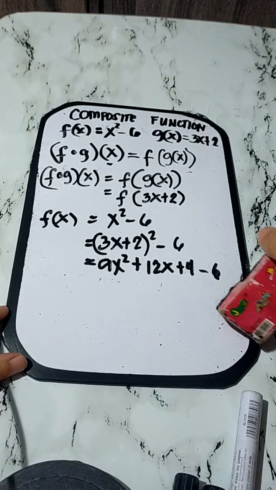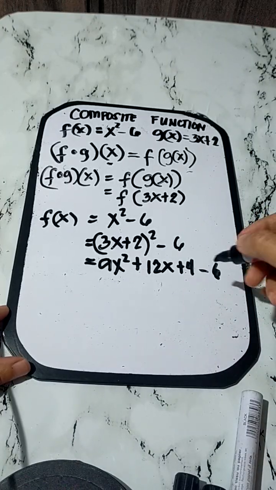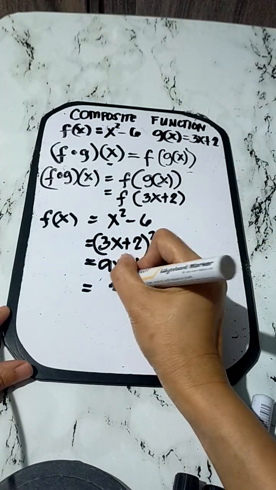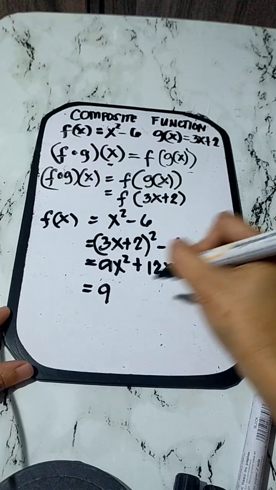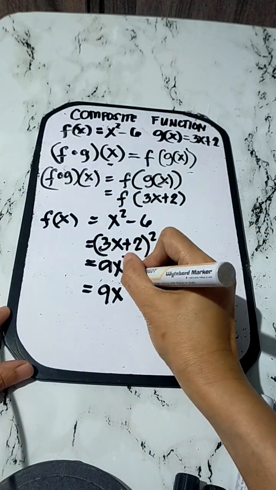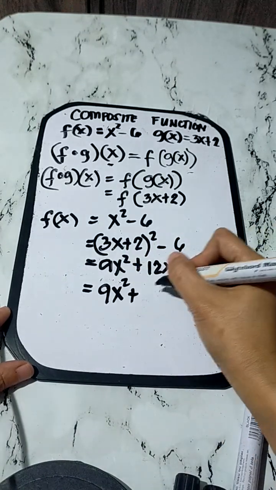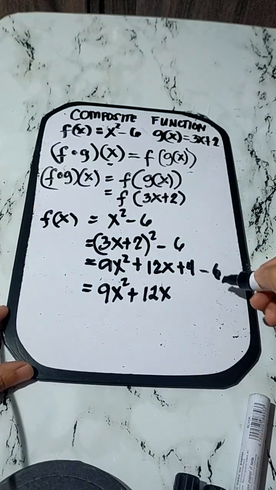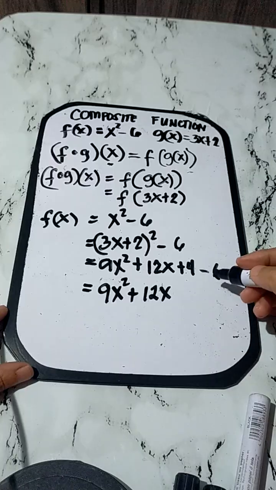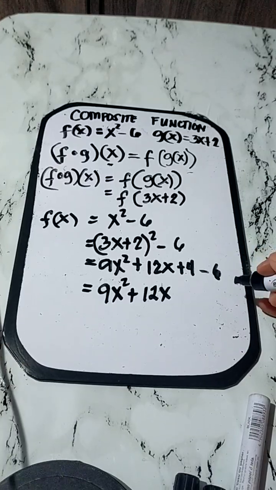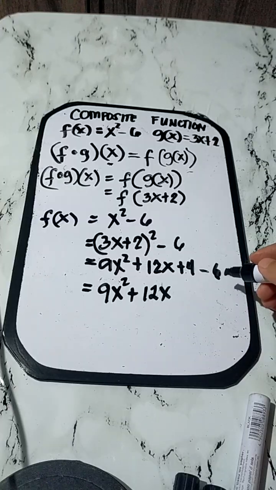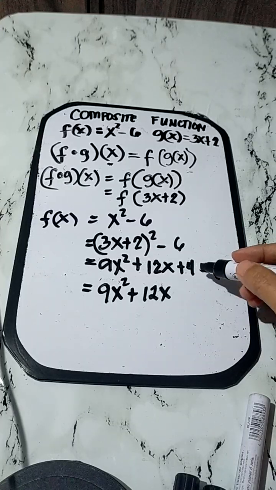Now let us simplify. For 9x squared, we have nothing to combine, so we just bring down 9x squared and 12x. But positive 4 and negative 6 have unlike signs, so we need to subtract the numbers and copy the sign of the bigger number.